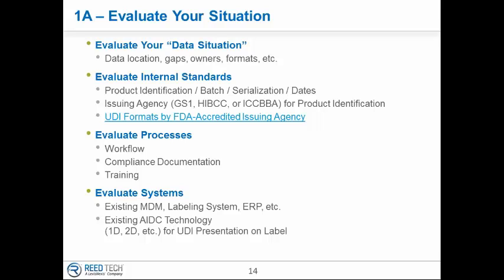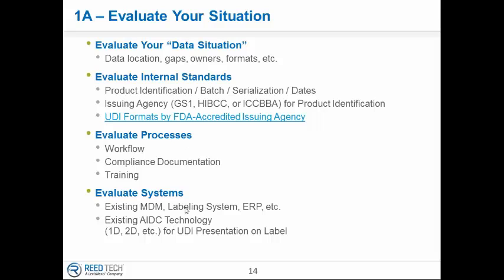Evaluating your internal systems, again, if you have an existing MDM, a master data management system already, and you are foresightful and collecting all of this data, or at least something similar to the data, since the FDA began talking about this, then you're well ahead of the pack, and that's fantastic. But for the most part, what I see is there are perhaps multiple master data management systems that have different data for different reasons in different groups.